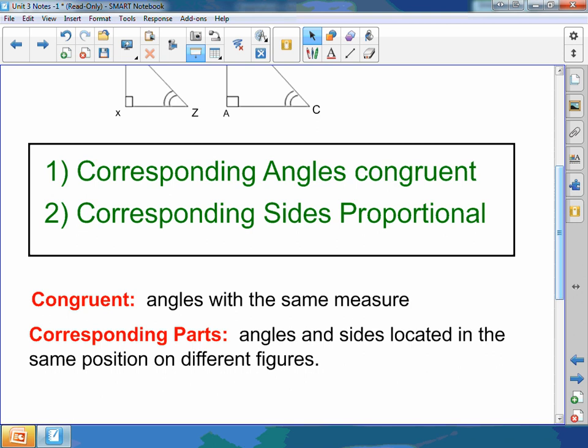When I say corresponding angles, I'm just talking about angles that match up with each other. They line up.